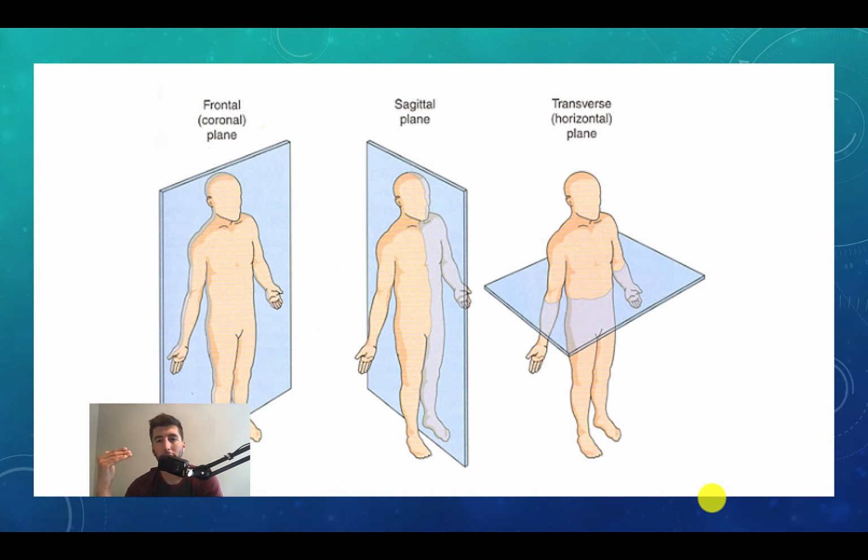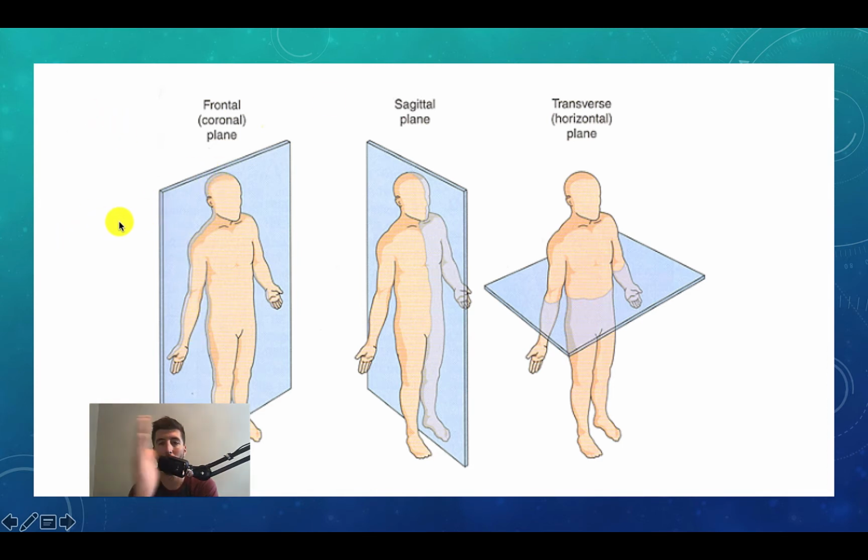So here's what this is visualized as. You're going to have a frontal plane, again, right here, or the coronal plane, because it's going through the crown of the head, and it's going to be cutting you into front and rear sides. So if you were to spin this person around, all you would see is their back.